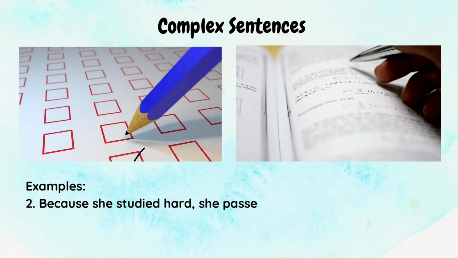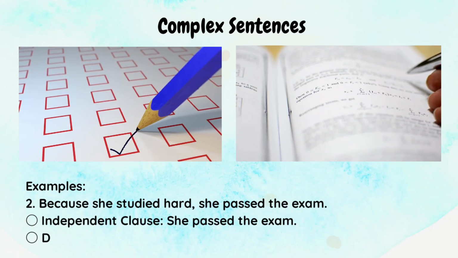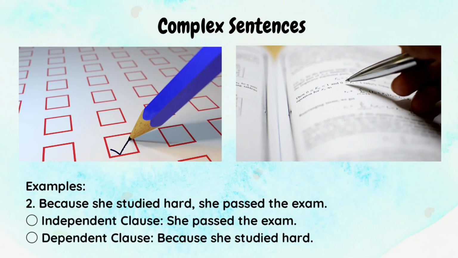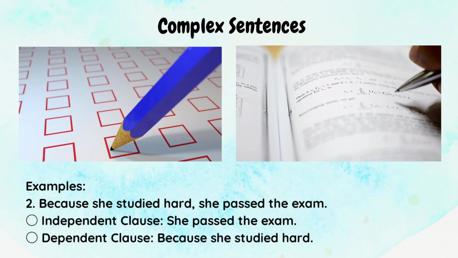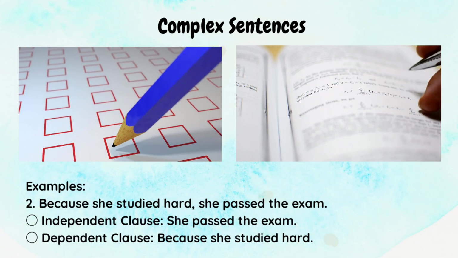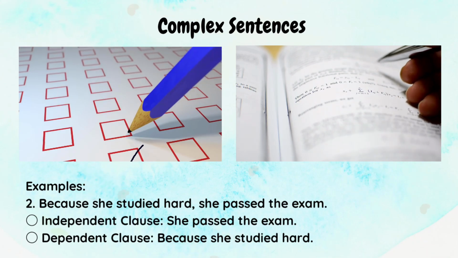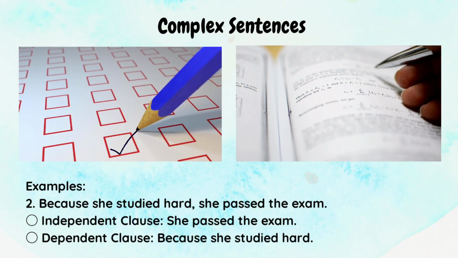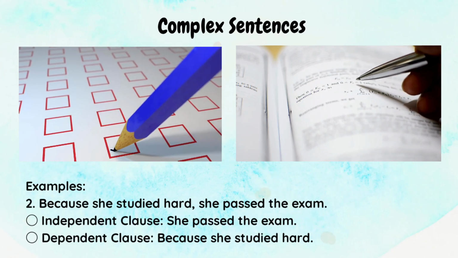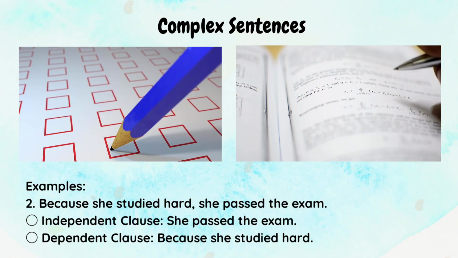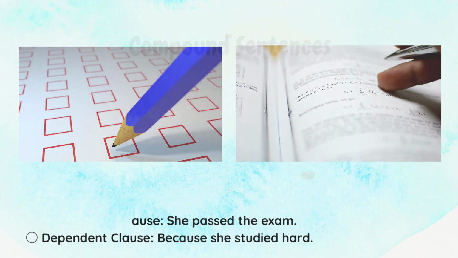The next example is because she studied hard, she passed the exam. Here you can also see an independent and a dependent clause. Notice that the two examples use subordinating conjunctions: although, and here it uses because to connect the two clauses. That's why these are called complex sentences.